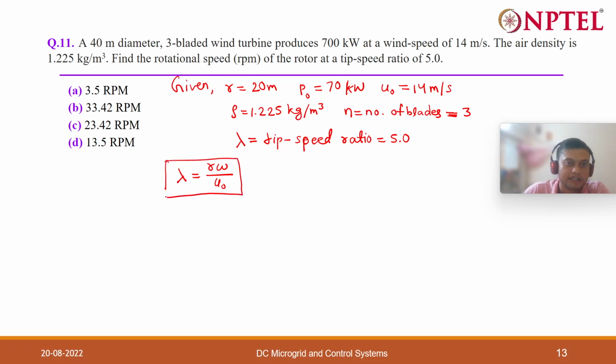And you can write this: omega is the rotational speed, given in radian per second.